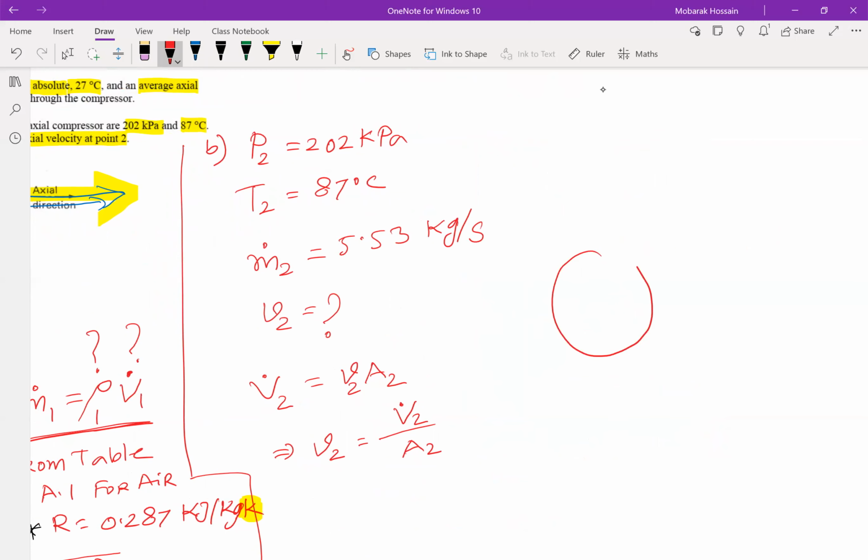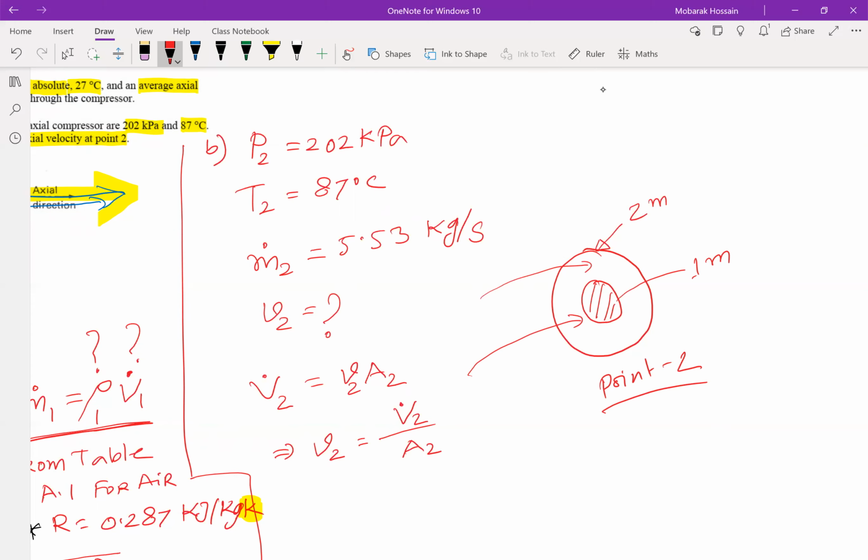So the outer diameter of your compressor is 2 meters, and inside there is a solid part, diameter is 1 meter. Now at point 2, your cross section view will be this. So air will pass through this free space.